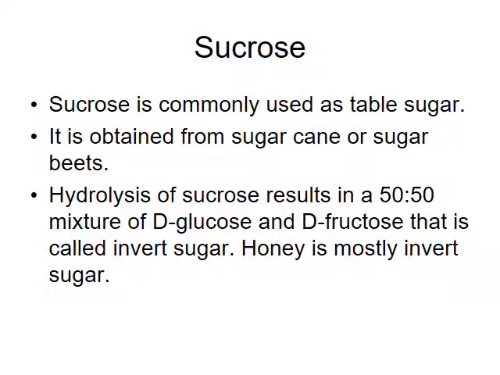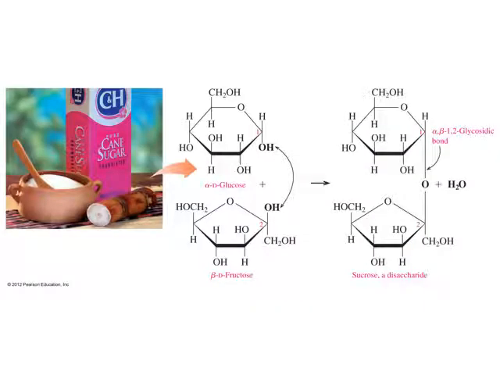Okay, now sucrose. Sucrose is also known as table sugar. We get it from sugar cane or sugar beets. What it comes from is glucose and fructose make it up. All right, so here's what happens with it.